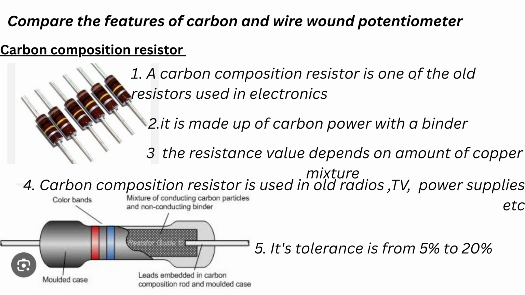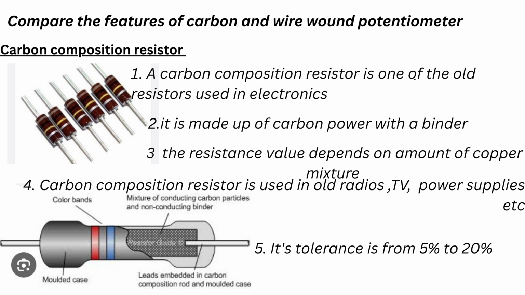First, the carbon composition resistor. A carbon composition resistor is the oldest resistor used in electronics. In this resistor, they use a carbon mixture, so the resistor is made by using carbon. That's why it is called a carbon composition resistor. The resistance value depends upon the amount of carbon mixture. If the carbon mixture is less, the resistance will be less.